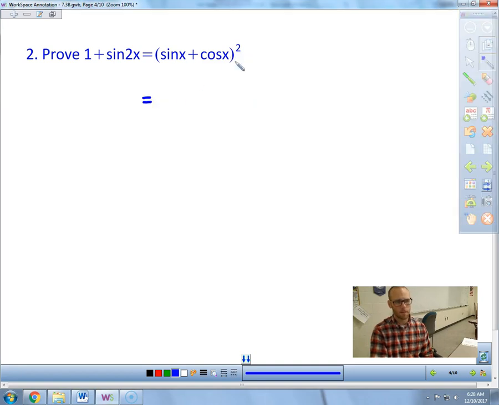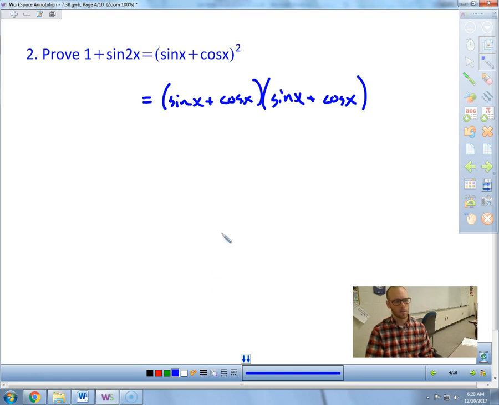I have the sine of x plus the cosine of x squared. Okay, now working and simplifying that, I know if I'm going to square this, I should FOIL. So this is the sine of x plus cosine of x times the sine of x plus the cosine of x. Okay, and let's FOIL this out.